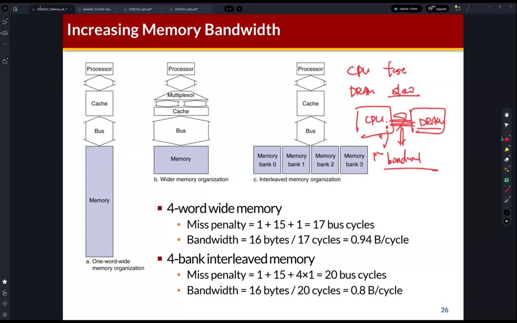So in order to increase the performance, the DRAM is very slow, but we want to improve the performance of DRAM. Then a possible way to improve the performance is to increase the bit width. So this is the memory array, and the memory is controlled by word lines and bit lines, right?